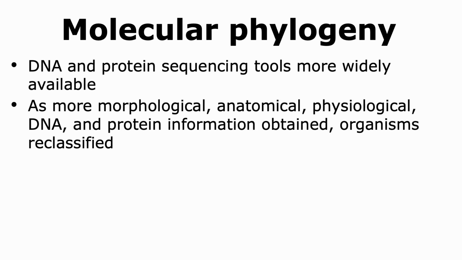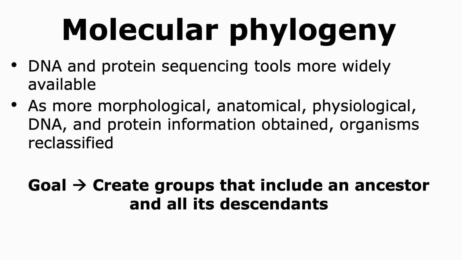As more morphological, anatomical, physiological, as well as DNA and protein information is obtained, organisms are being reclassified into their appropriate groups based on their evolutionary history. The main goal right now is to create groups or taxa that include an ancestor and all of its descendants.